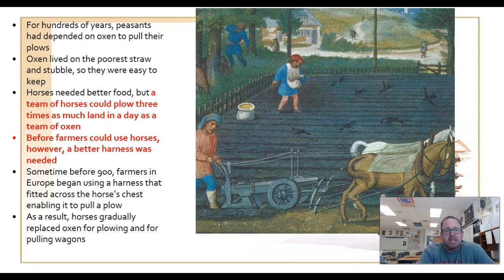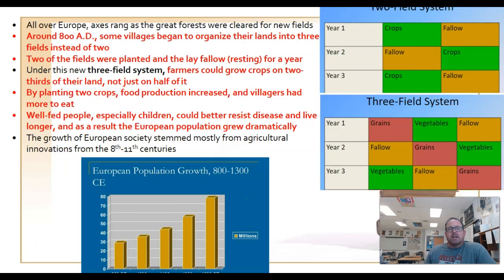So that made farming more productive. So anytime you see technological innovations applied to a specific area, usually you get improvements or an increase in production of some sort. All right, so this next one here, we're going to see how the effect.